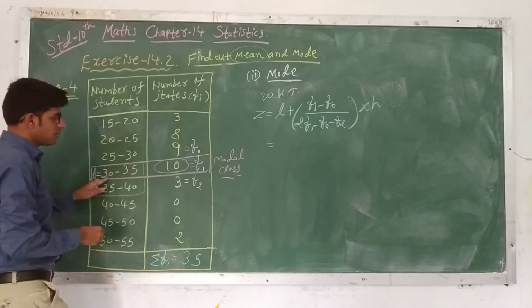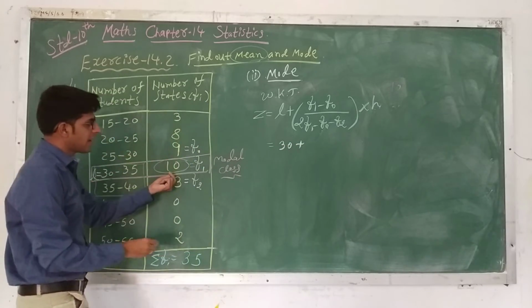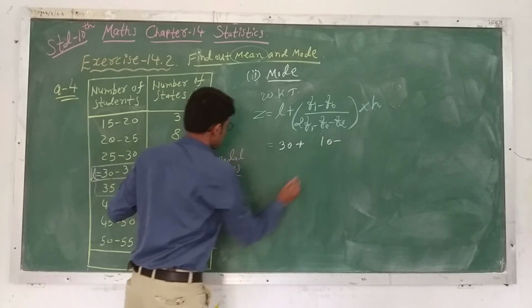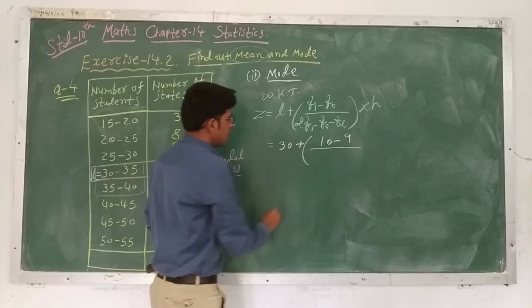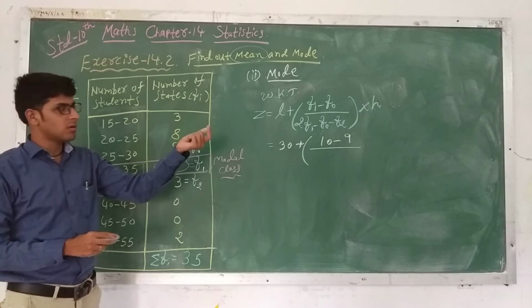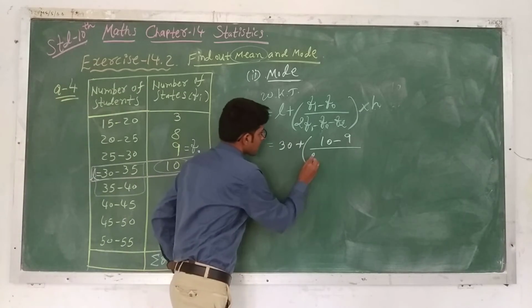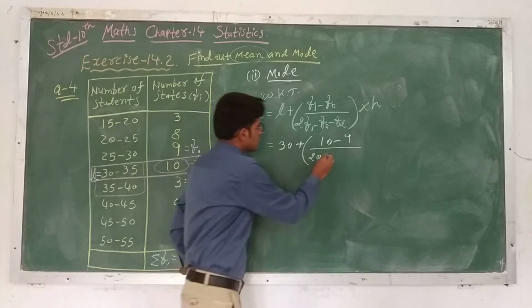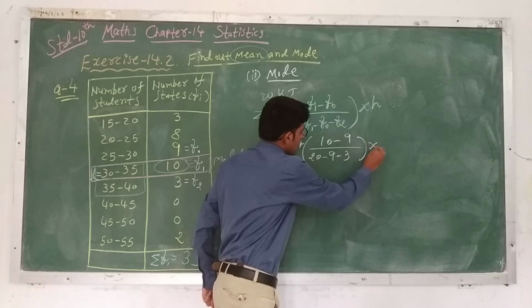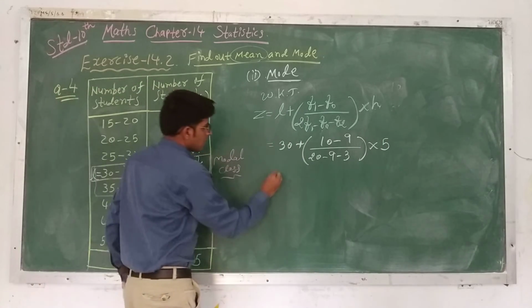The value of L is 30. So 30 plus, f1 is 10 minus f0 which is 9, so 10 minus 9, divided by 2f1, so 10 into 2, that is 20, minus f0 minus f2, so minus 9 minus 3, multiplied by 5 because h equals 5.